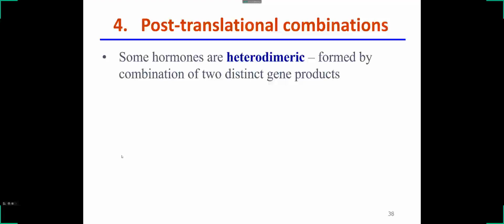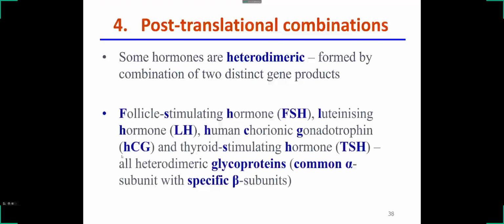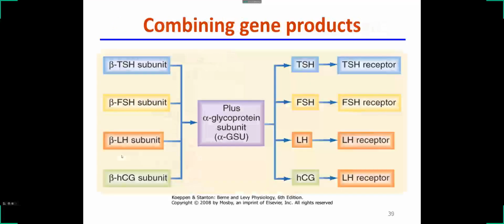But imagine if two different genes formed A and B. Well, that's the case for things like follicle stimulating hormone, luteinizing hormone, human chorionic gonadotropin hormone, thyroid stimulating hormone, and all other heterodimeric glycoproteins that typically have an alpha subunit with a specific beta subunit. Those are labeled in that way, so you know that they're actually different gene products.